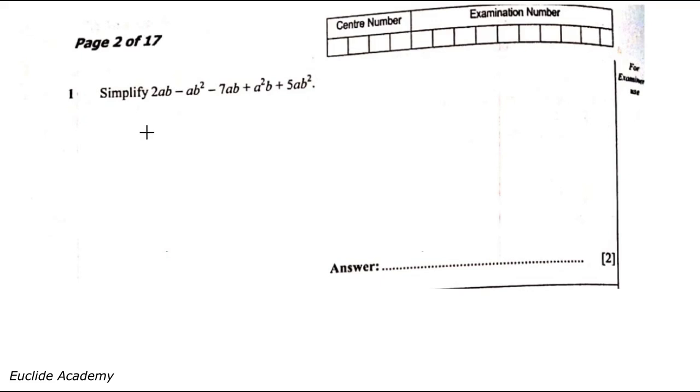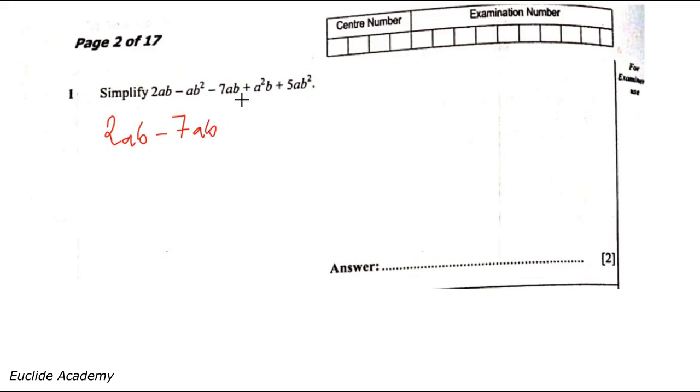What we mean by like terms is the terms that have the same letters. So I'm going to get 2ab, then I'm going to look for another term which has got ab. We have ab squared, so no, so negative 7ab. So we're going to say negative 7ab.